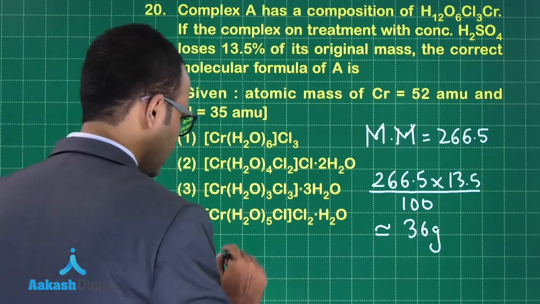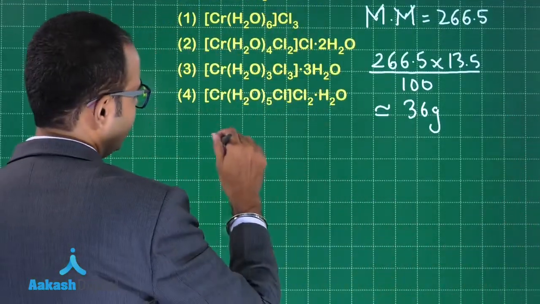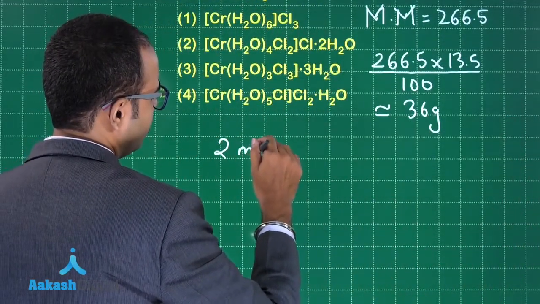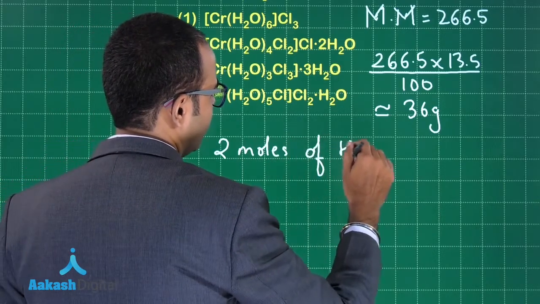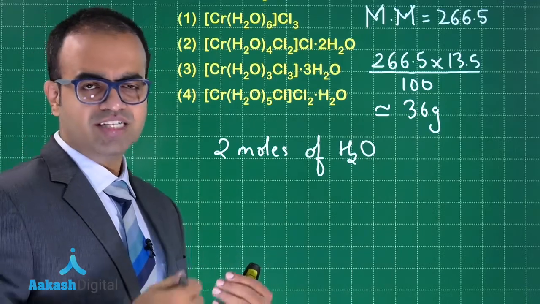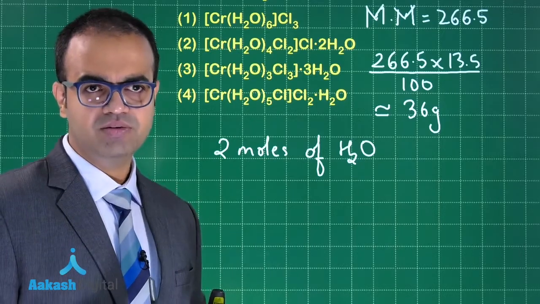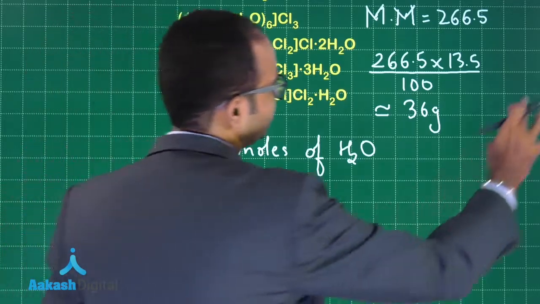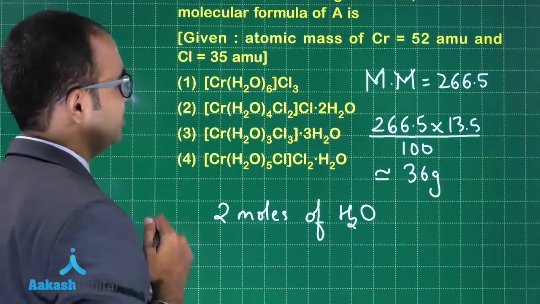You are losing 2 moles of H2O. So if you are losing 2 moles of H2O, these 2 moles of H2O have to be outside the coordination sphere, right? So in which option do we have H2O outside the coordination sphere?